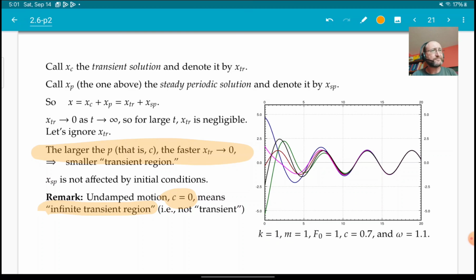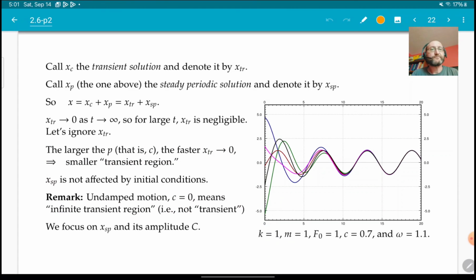What happens as these parameters cross these critical thresholds, like getting to 0? Does it make sense? And it does make sense, because we know that the transient region is getting bigger, and so it becomes infinite when we get to 0.